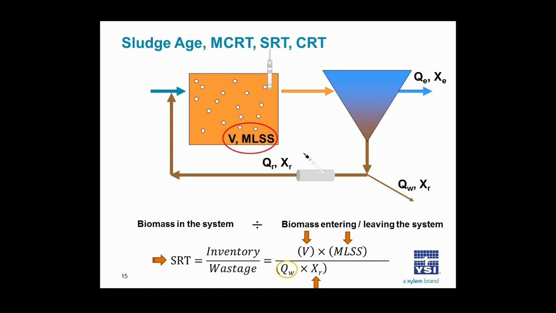Of course, this is very easy to do with online measurement with, for instance, a suspended solid sensor in the aeration tank and an insertion style suspended solid sensor in the return activated sludge line.